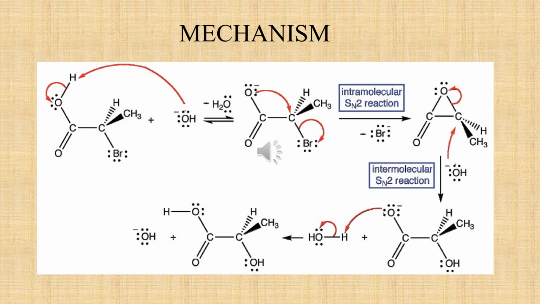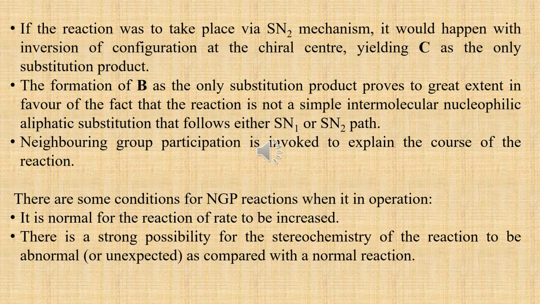Now you can understand the mechanism of neighboring group participation given in the reaction. First it is an intramolecular substitution reaction followed by an intermolecular substitution reaction, and then finally we get the product. If the reaction was to take place via SN2 mechanism, it would happen with inversion of configuration at the chiral center, yielding C as the only substitution product.